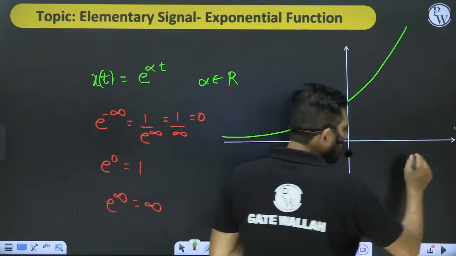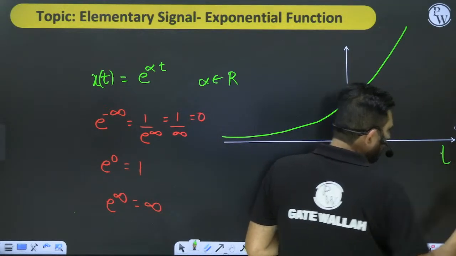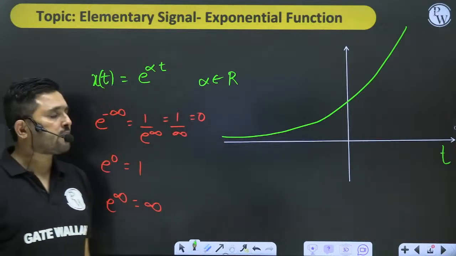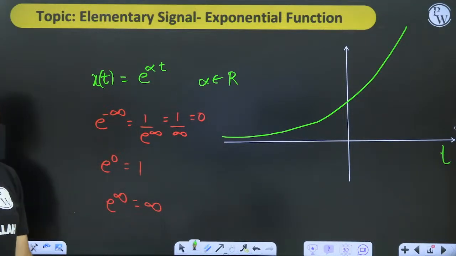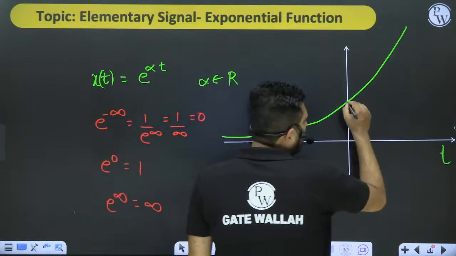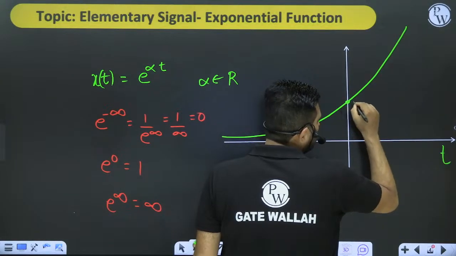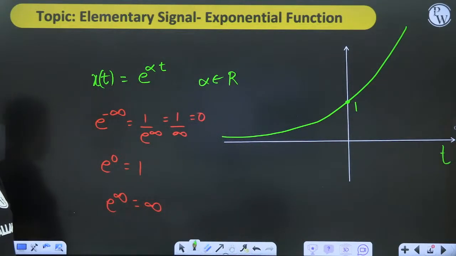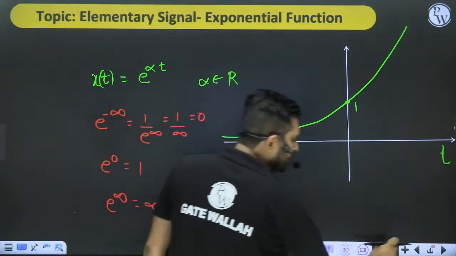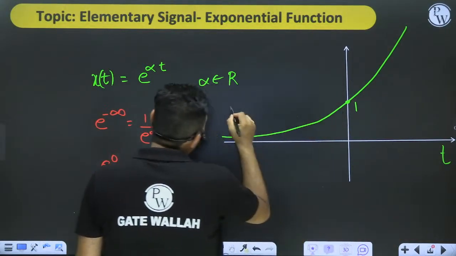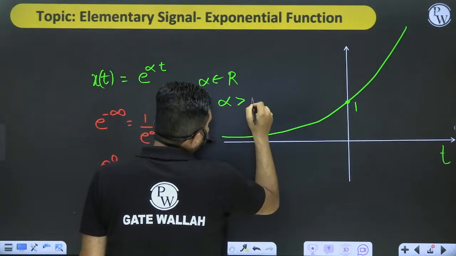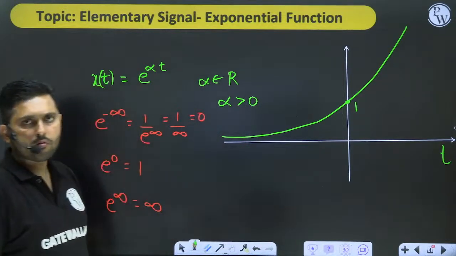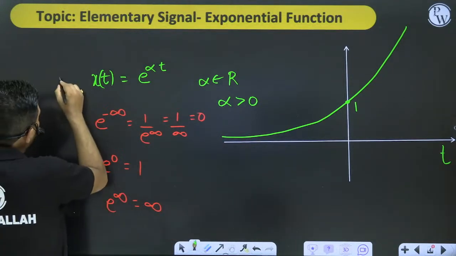This is t from minus infinity to plus infinity. This value is 1, so it is going like this, for alpha greater than 0. Let me call this 1.